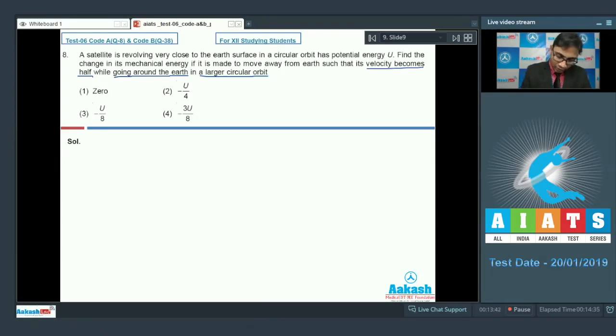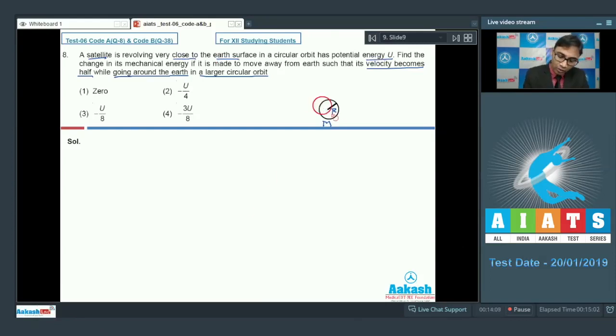So we know that if this is our Earth, having radius capital R, mass capital M, initially the satellite is revolving very close to the Earth's surface.